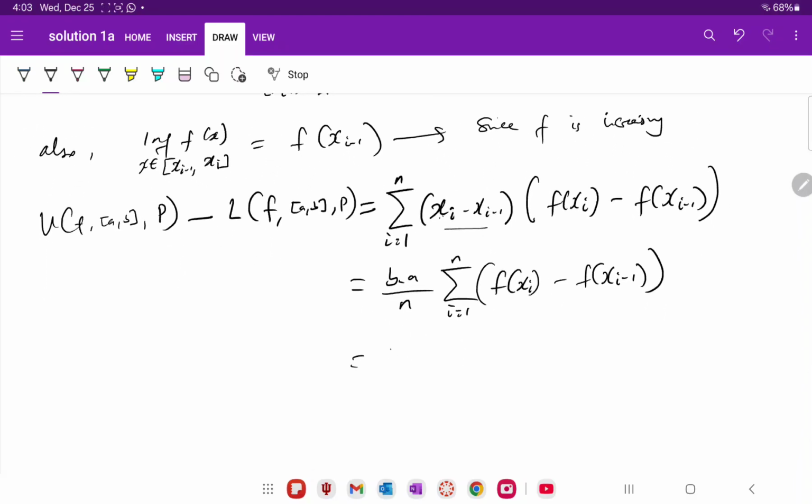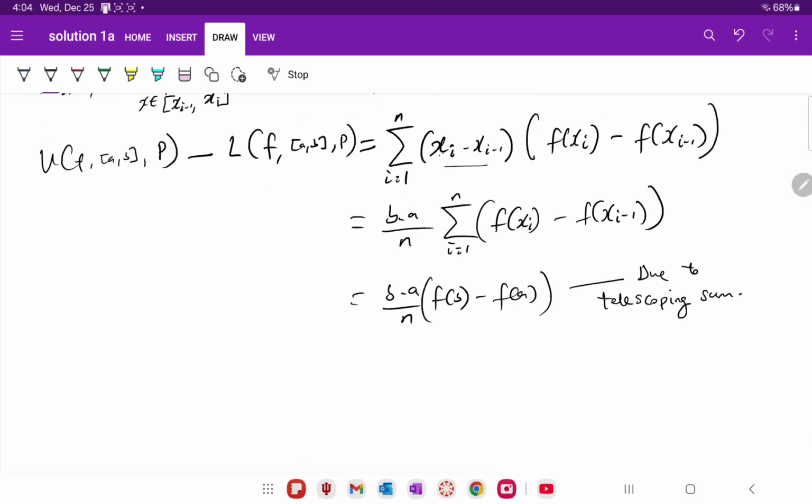Then due to the telescoping sum, this is also equal to f of b minus f of a, due to the telescoping sum. So we have that. So now we can choose our n.